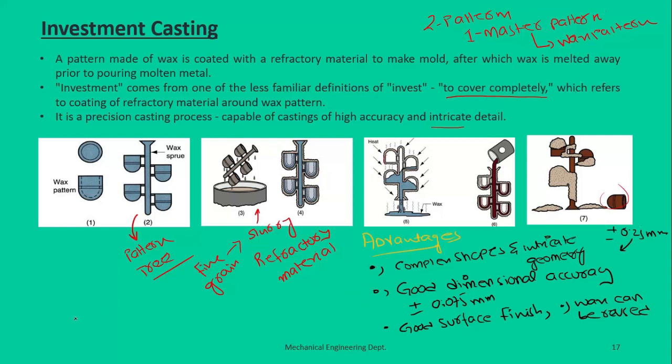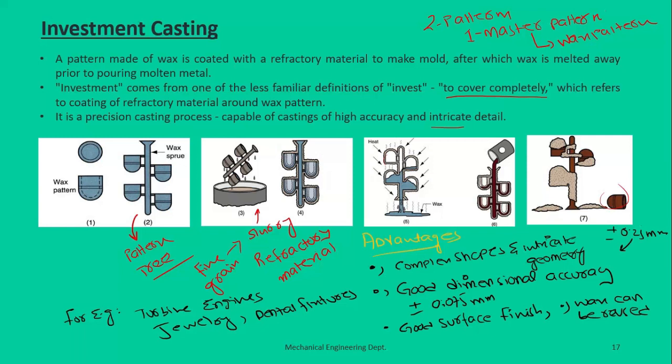The common products for investment casting include turbine engines, or jewelry, because they have intricate details, and dental fixtures, which are made by investment casting, and so on and so forth.